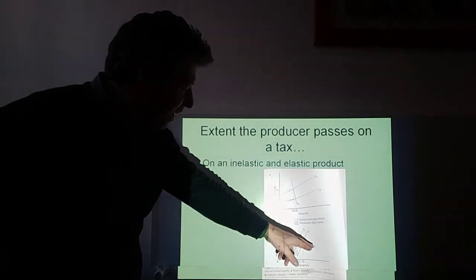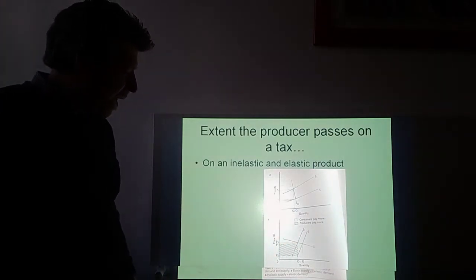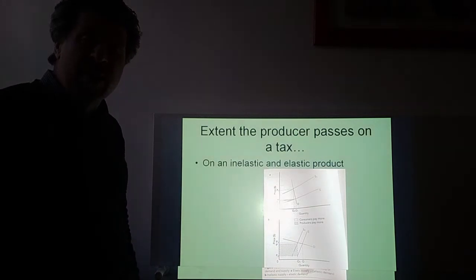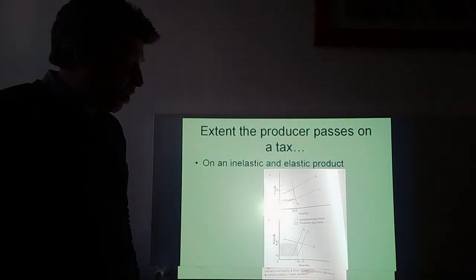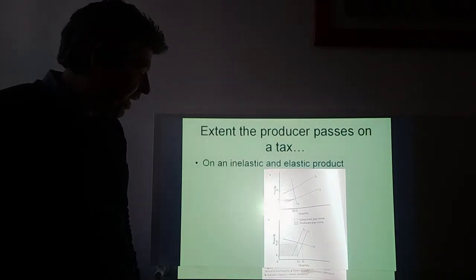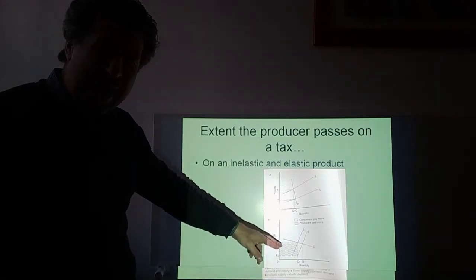Alternatively, if it's a very elastic demand, a very horizontal demand, the producer will have to pay much more of the tax. He won't be able to pass it on to the consumer because that will really ruin his profit and his market share.